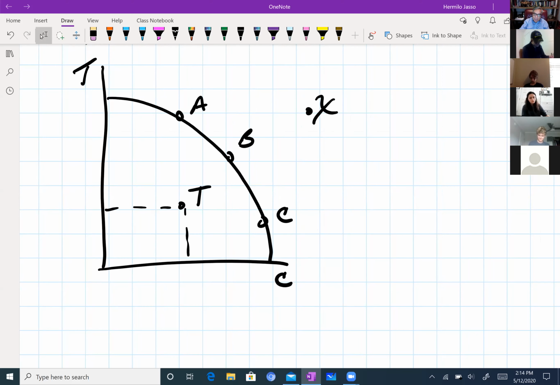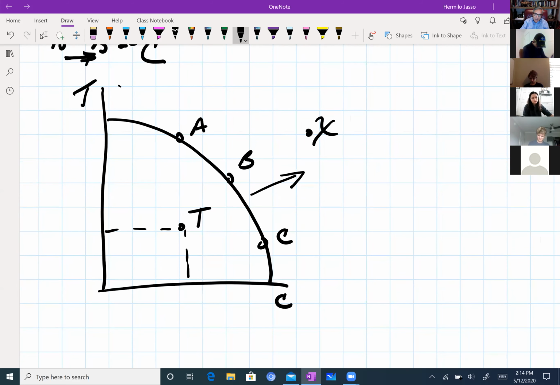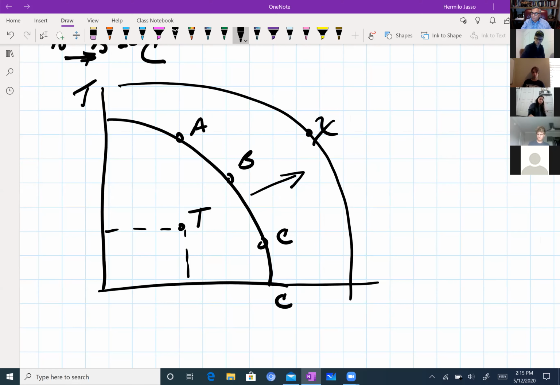The only way I can produce at point X is if I expand the whole frontier. In other words, if I learn how to do things better, or find new resources. And for two of you, Michael and Nathaniel, this is a review because we learned that in the last class. In other words, that's the only way I can achieve point X. In most cases, that's what we call in economics experiencing economic growth.